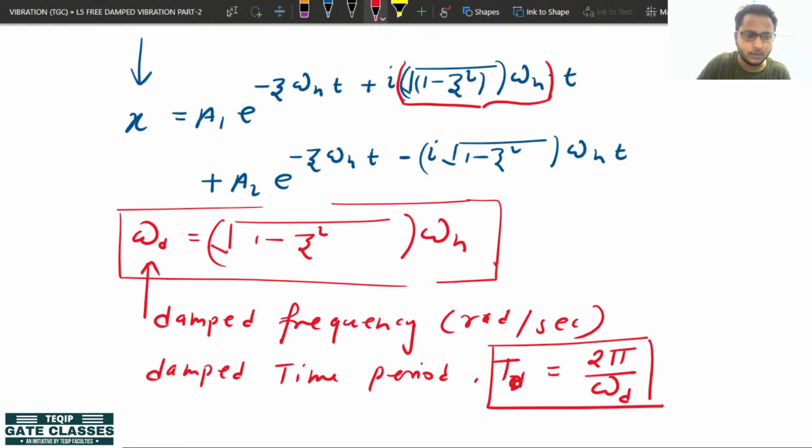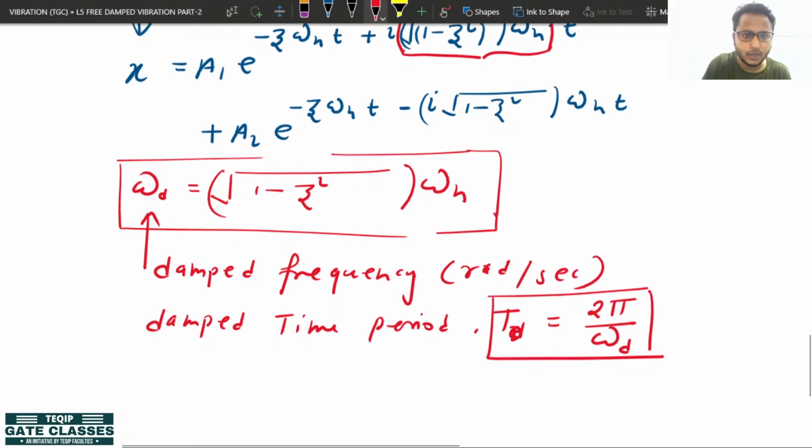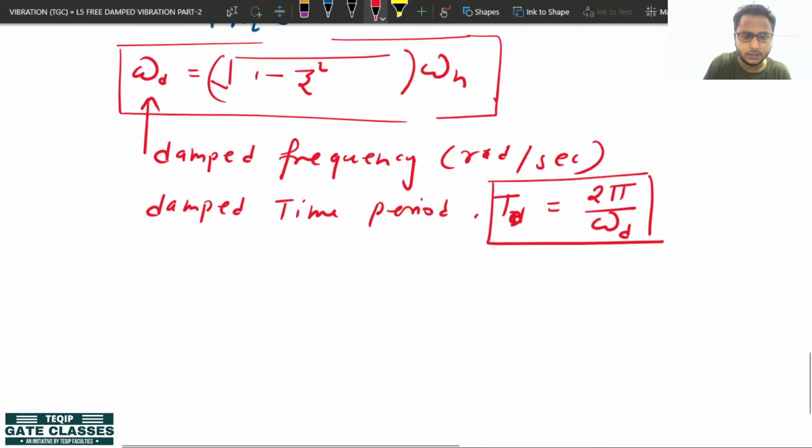So we have the formula for damped frequency as well as damped time period. Whenever we have a system of free damped vibration, we have the natural frequency, and at the same time a damped frequency and damped time period. Coming back to our equation.